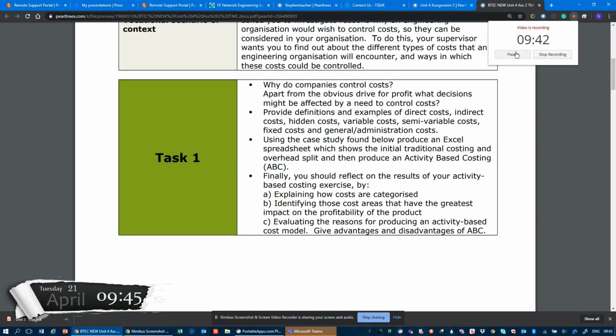Also with indirect costs, part of the electricity bill might be an indirect cost. How much of the lighting and heating has to be paid for by this product, and that's quite hard to measure. So those are indirect costs or overheads. Okay, and overheads always have to be paid.